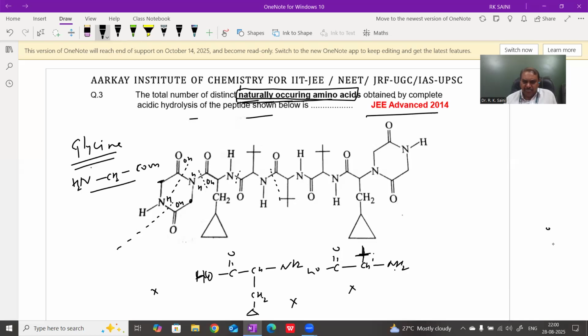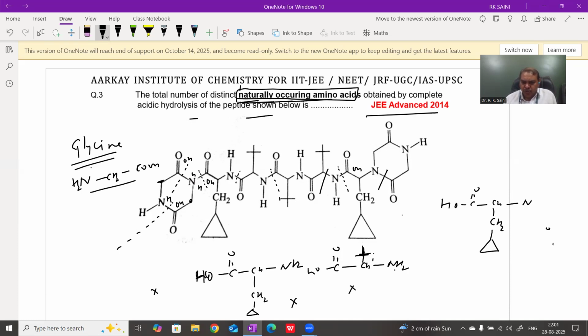Same as the second question. And in the last, when the polypeptide chain is hydrolyzed, this gives COOH, CH, CH2, a cyclopropyl ring, NH.